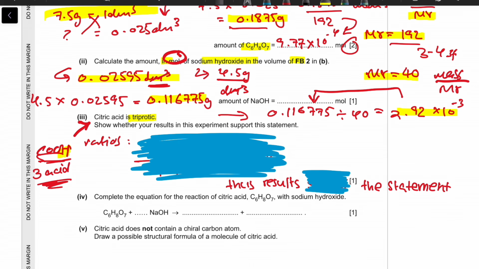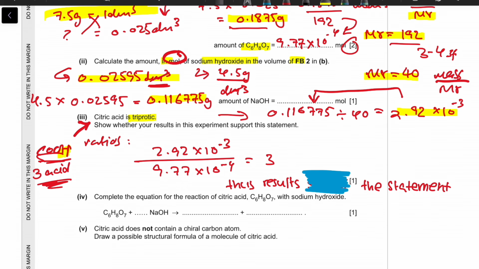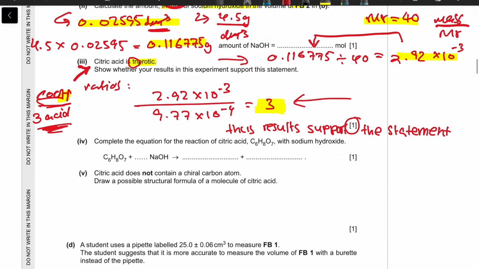So in this case, when we divide the bigger number by the smaller number, we end up with 3. Meaning, yes, it is triprotic. Tri meaning 3. So this result supports the statement. To gain the mark, you need to do this, and you need to mention that you support the statement. Having the working out alone is not enough, okay?